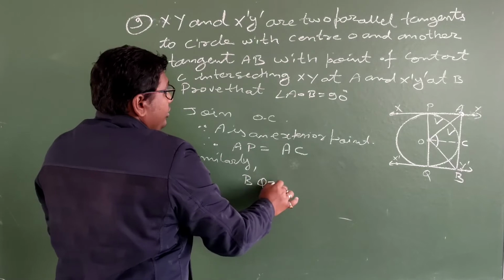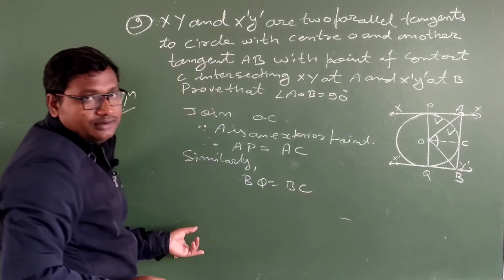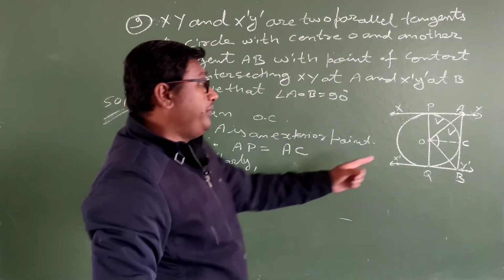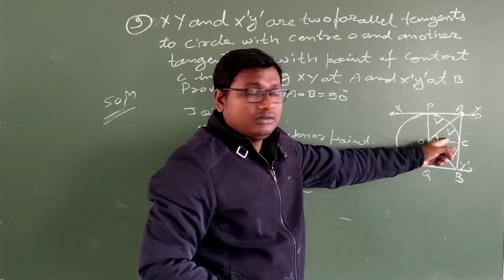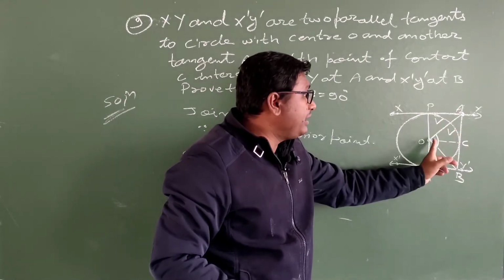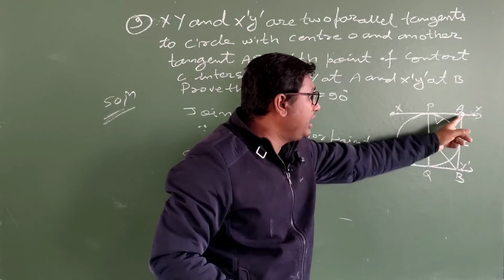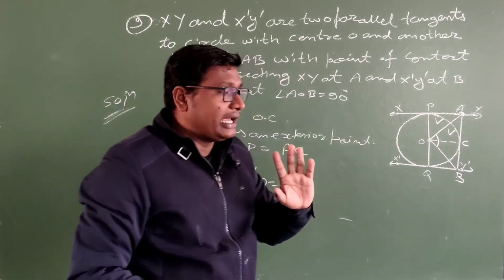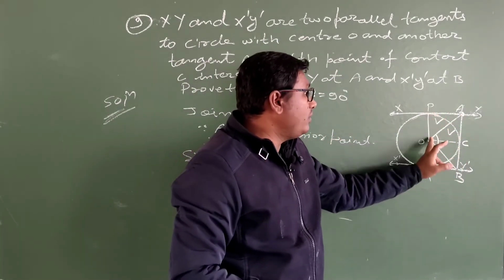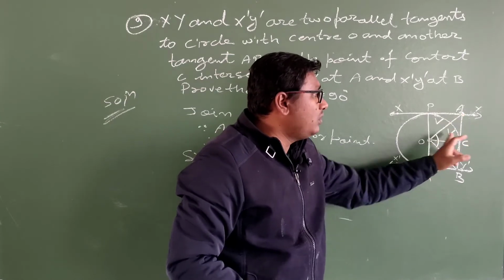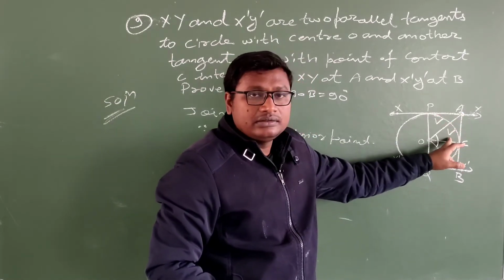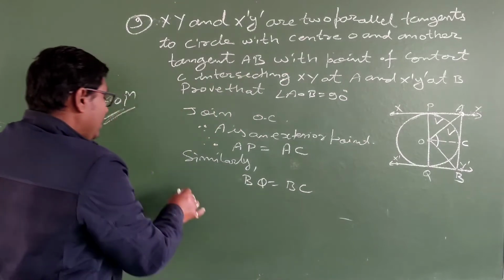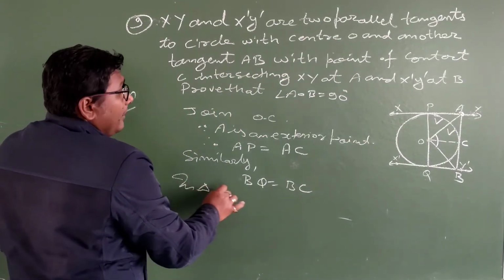Now we are choosing these two triangles: triangle PAO and triangle AOC. Two triangles I am taking, that is POA and AOC.